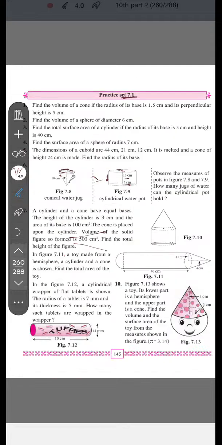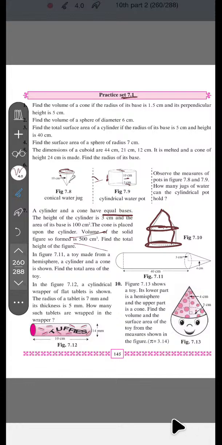Now here, who says question number 7 or 10 also? Don't worry, I will take both the questions. Question number 7 is there. If you have a book, you can refer to it if it is not visible to you. See what it said: a cylinder and a cone have an equal base. You can see in the diagram, this is a cone shape, correct? And this one is nothing but the cylinder.